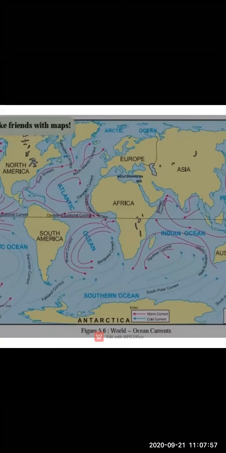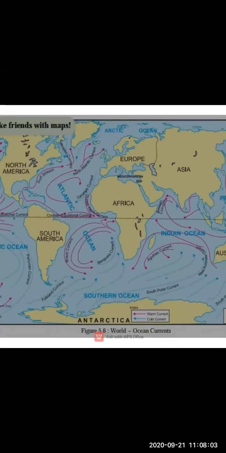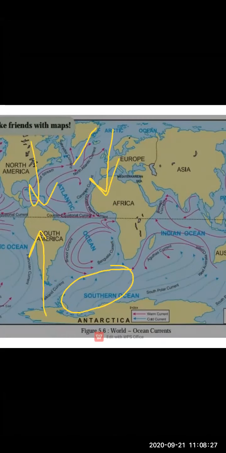These warm currents originate from the equator and move towards the poles. These cold currents originate from the polar regions and move towards the equator.